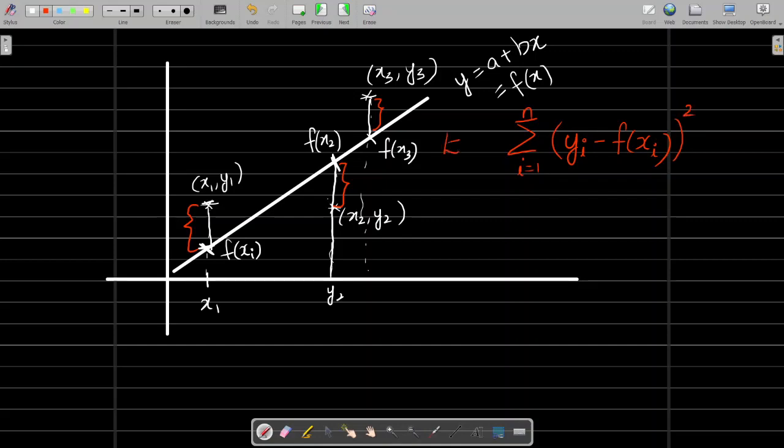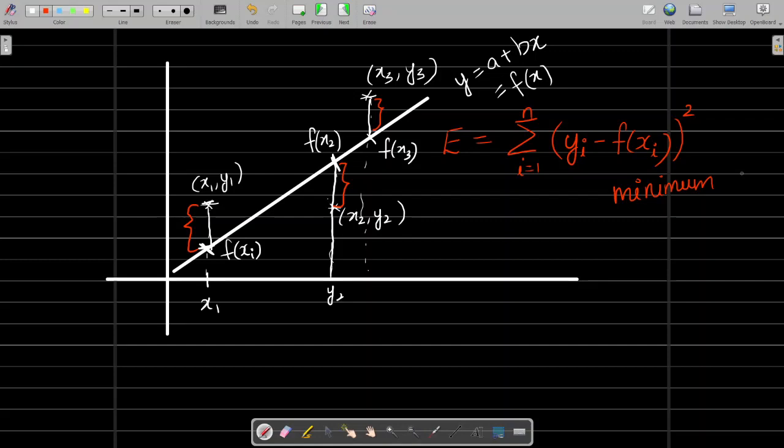So this is what we'll call the error, and this should be minimum. That is what the principle of least squares says. We should find a curve such that this error should be minimum. I've explained it using a straight line. It can be any curve. Okay, so this error should be minimum.